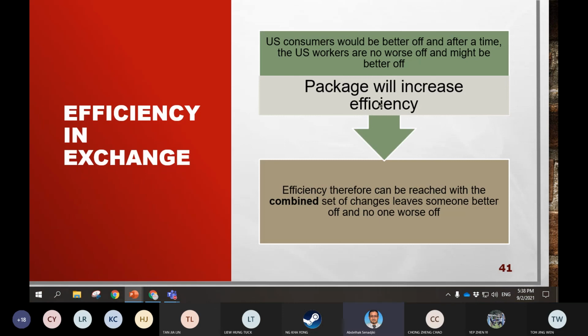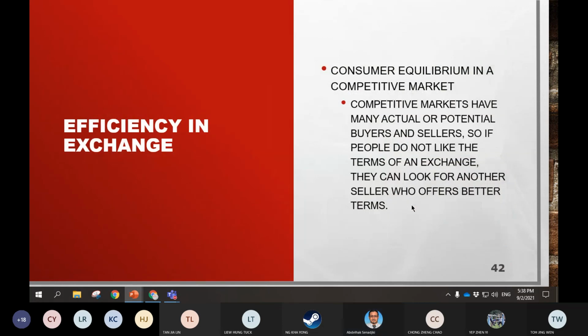So US consumers would be better off, and the US workers are no worse off and may be better off. This package will increase efficiency. Efficiency therefore can be reached with a combined set of changes that leaves someone better off and no one worse off.